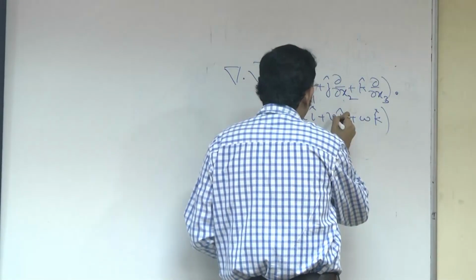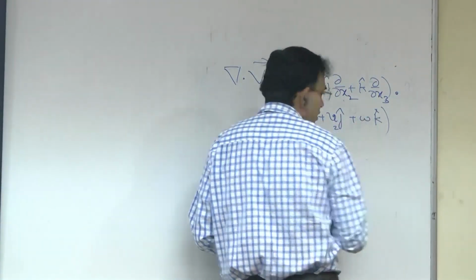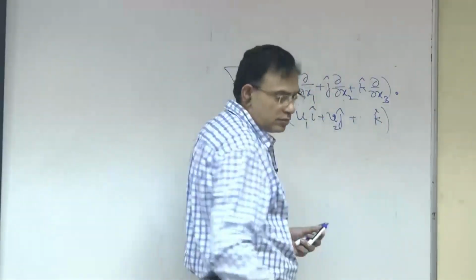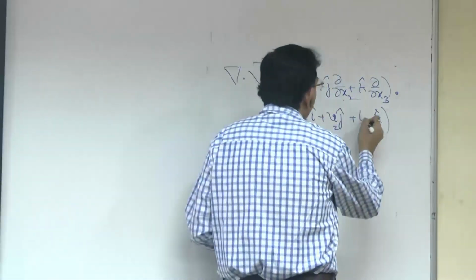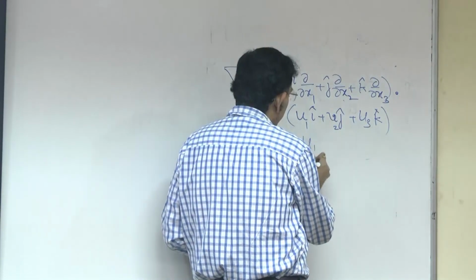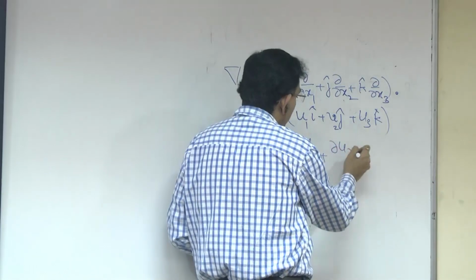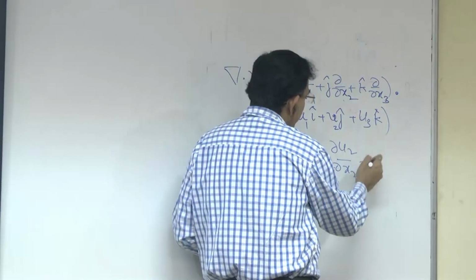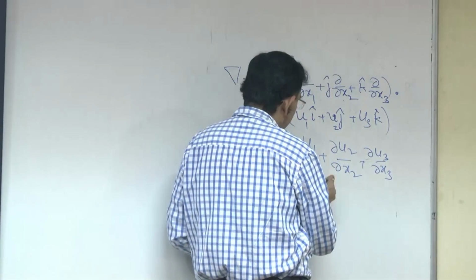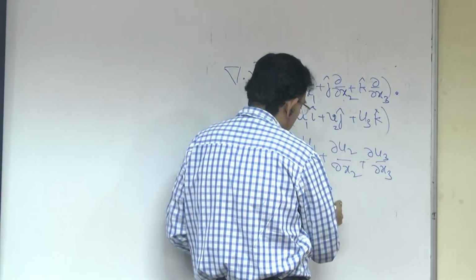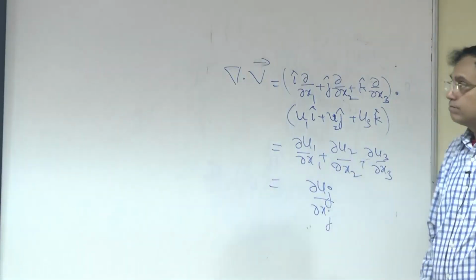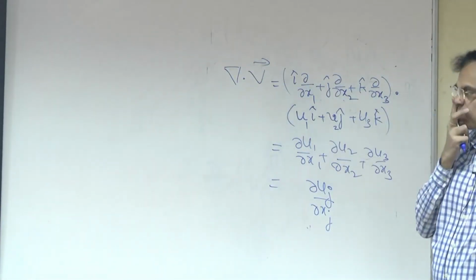So u1 i plus u2 j plus u3 k. Now if you take the dot product, you will have simply this. You can write it in the index notation as this one. Okay, that is what is written there.